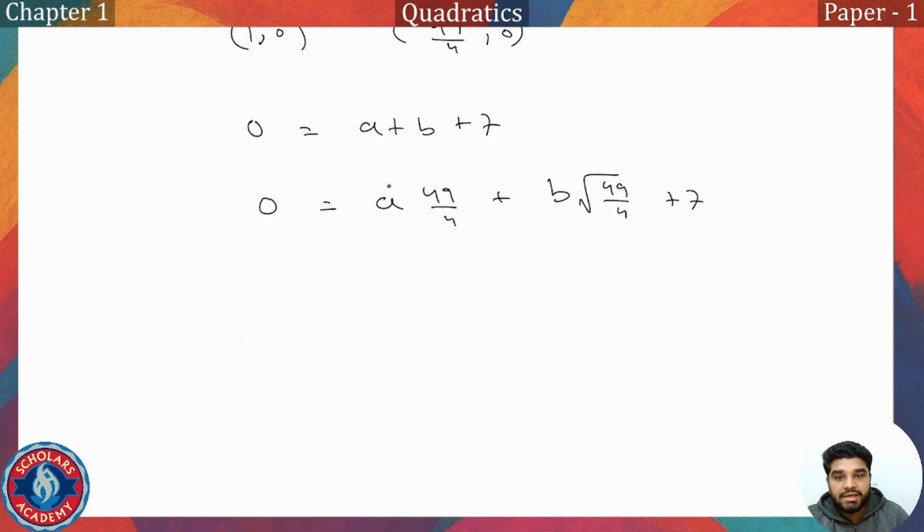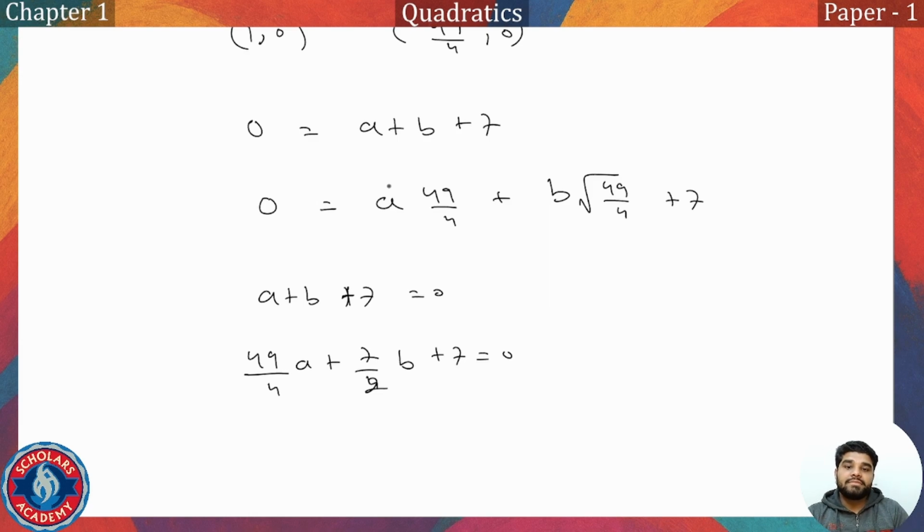So we get a + b + 7 = 0 and 49a/4 + 7b/2 + 7 = 0. Alright, so these are the two equations that we are getting.